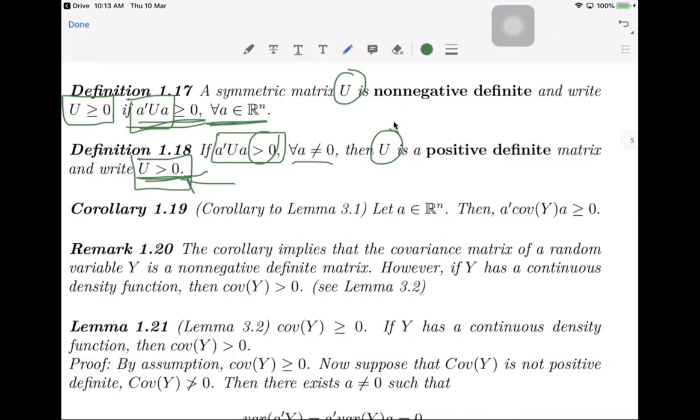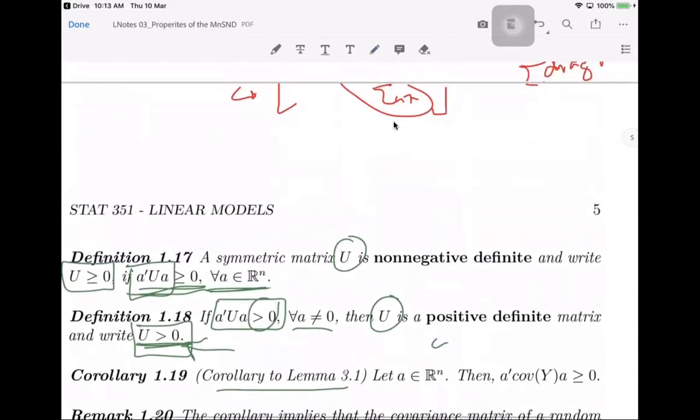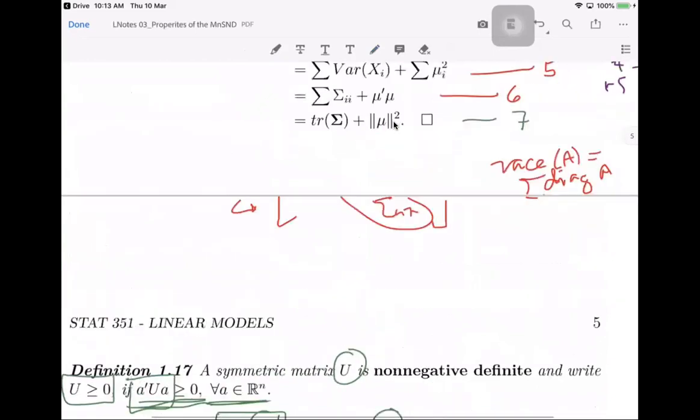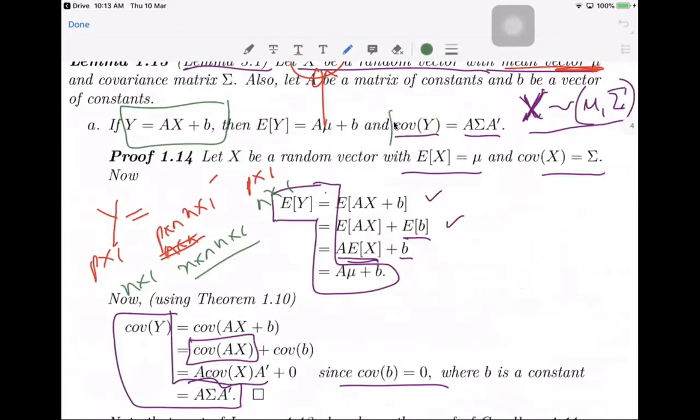And as a corollary to 3.1, we know that the covariance of Y with this transformation can be written as A sigma A prime.